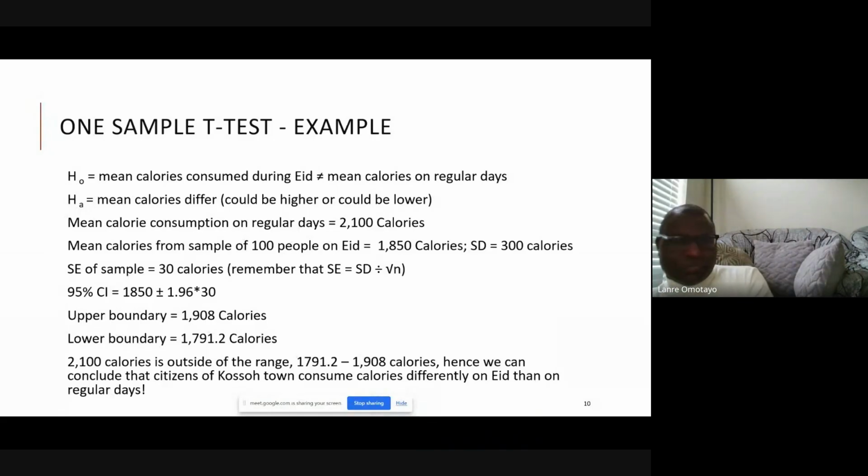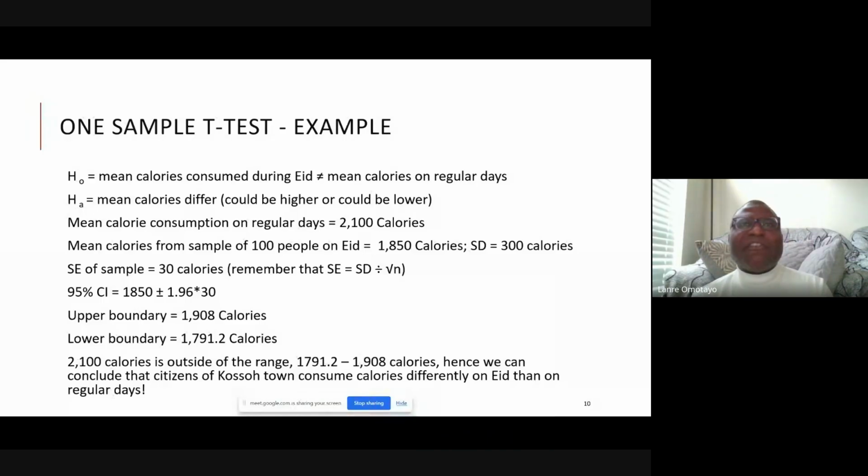Now we have our hypothesis, right? How do we move from our hypothesis to knowing that we've ruled out the role of chance? That's what we talked about. We take our point estimates, we calculate our standard deviation, we calculate our standard error, we multiply by the constant for 95% confidence.